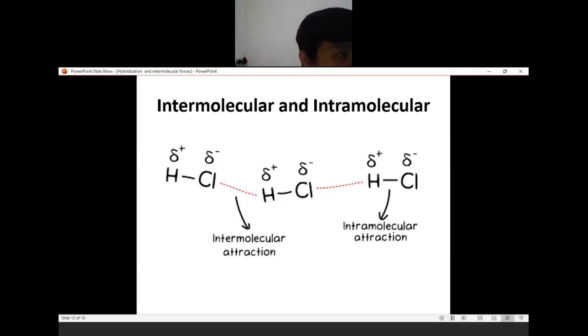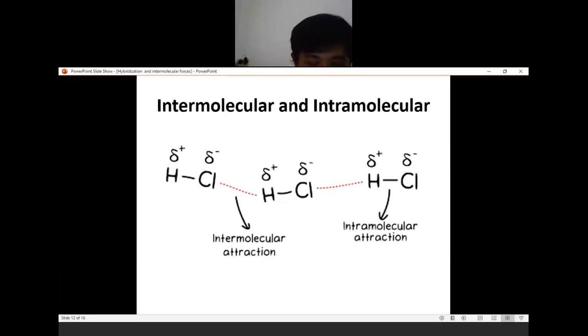Okay. Intermolecular is between molecules. Intra is inside the molecule. The intramolecular force in here is between the hydrogen atom and the Cl atom. This one is covalent bonding.